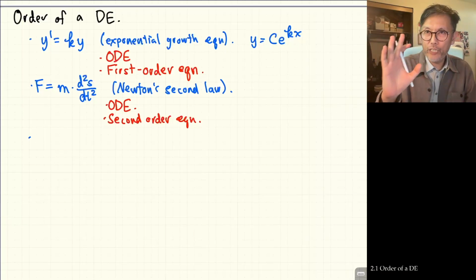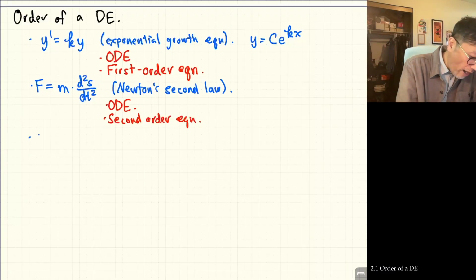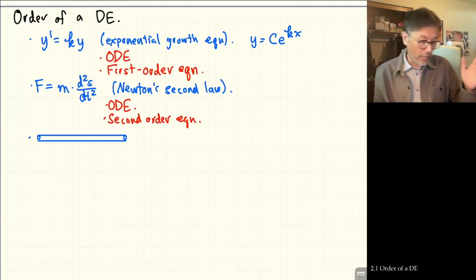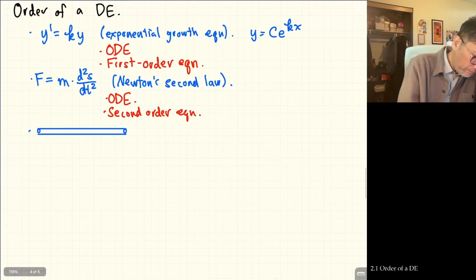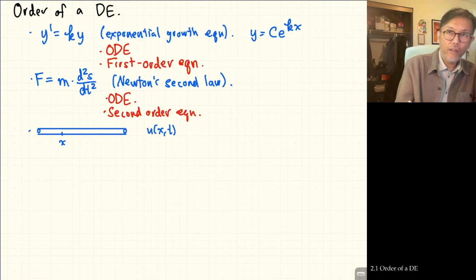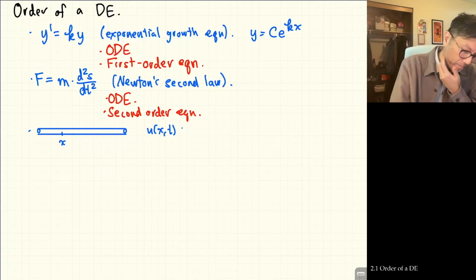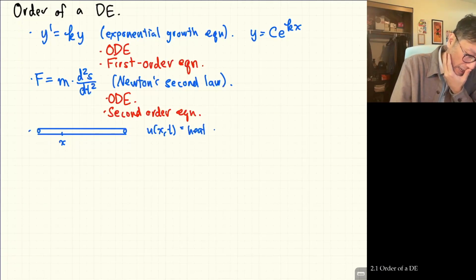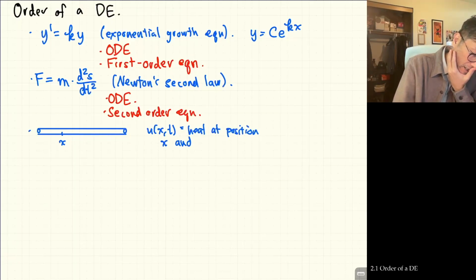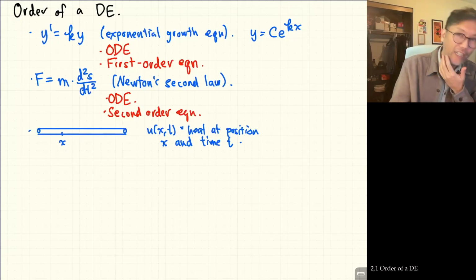So let me remind you about the setup of the heat equation. If you have a bar, a long metal rod of some sort like this, and you have a distribution of heat in this bar, so that at position x along this bar and at time t, we call u of x and t the amount of heat in the bar at position x and time t.